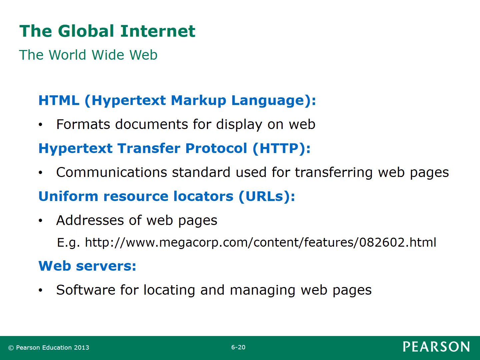Web page addresses, URLs, are composed of the domain name of the website and the file location of the individual web pages. And these web pages are normally managed by so-called web server software, and the most popular one is Apache.